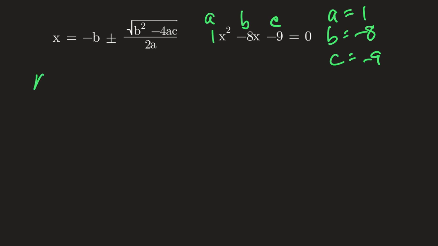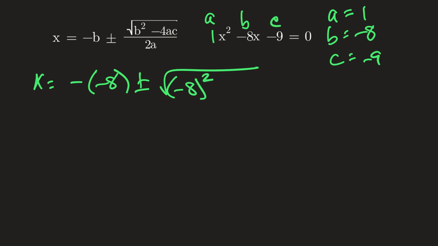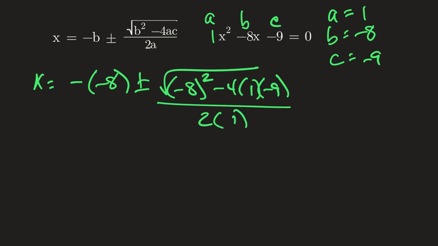So here we go. X equals, that's a built-in minus sign there. We're going to plug in B. That's all we're doing. We're plugging numbers in. All I'm doing is taking the A, the B, and the C, and plugging them into their respective places.